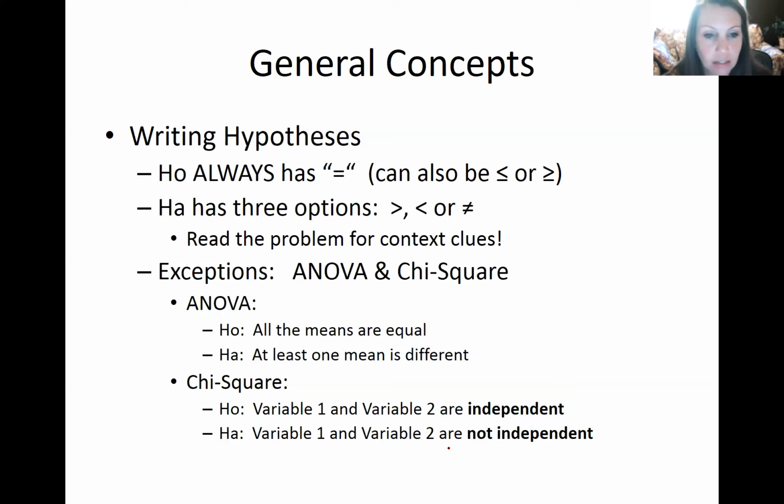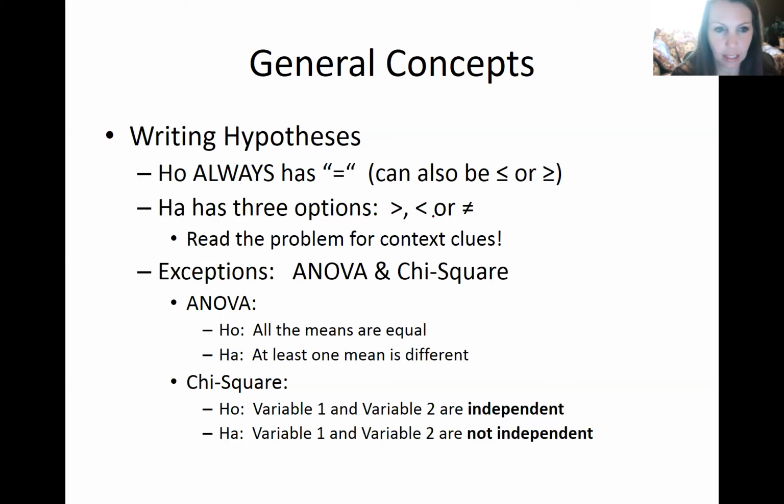For analysis of variance, the null hypothesis is that all the means are equal. It could also be written out as mu1 equals mu2 equals mu3 equals mu4, however many you have. And then the alternative is that at least one mean is different. For chi-square, the null hypothesis is that variable 1 and variable 2 are independent, and the alternative is that they are not independent.